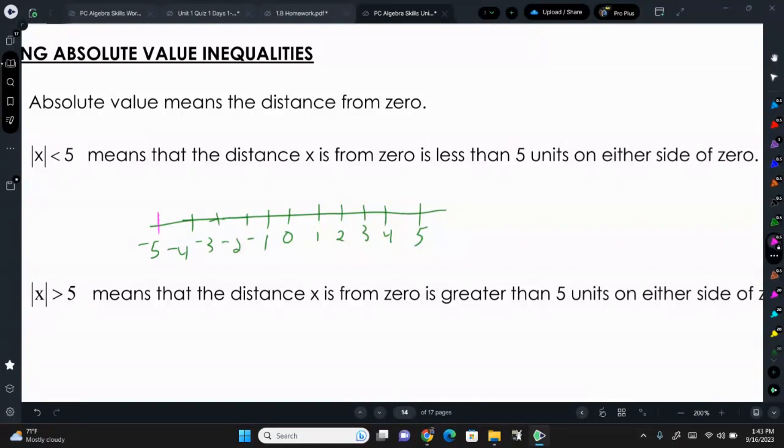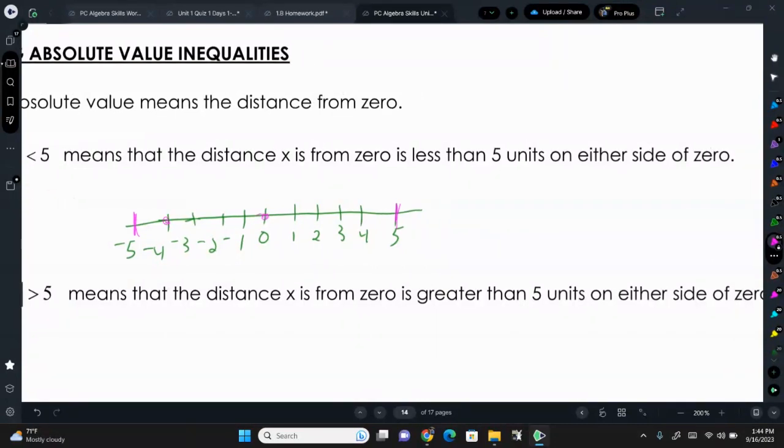So anything in this range has a distance from 0 less than 5. Because if there's my 0, -4, that distance from 0 is 4, which is less than 5.